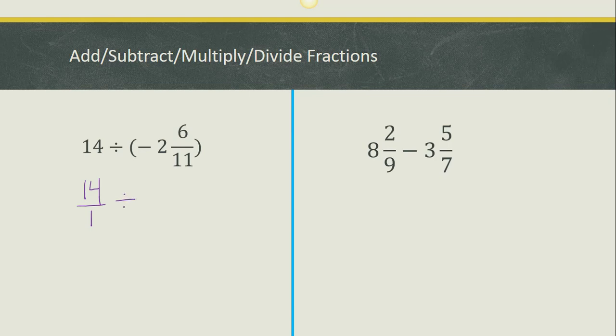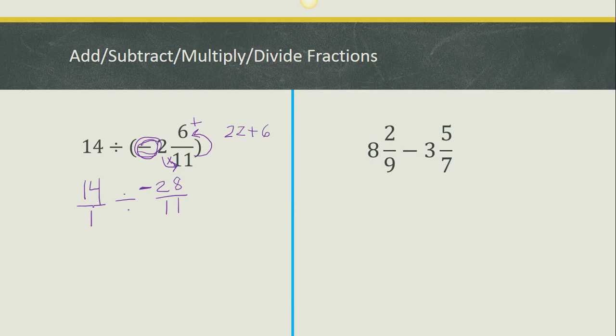And then we need to change this mixed number into an improper fraction, kind of like we did before. We're going to go 2 times 11, and then add the 6. So 2 times 11 is 22, plus 6 is 28 over 11. And don't forget, it was negative. So we need to keep it negative down here.